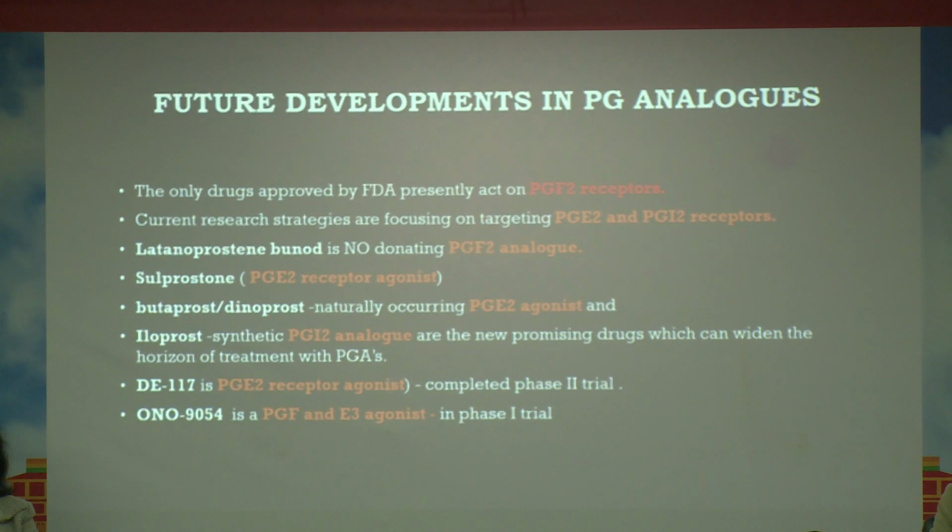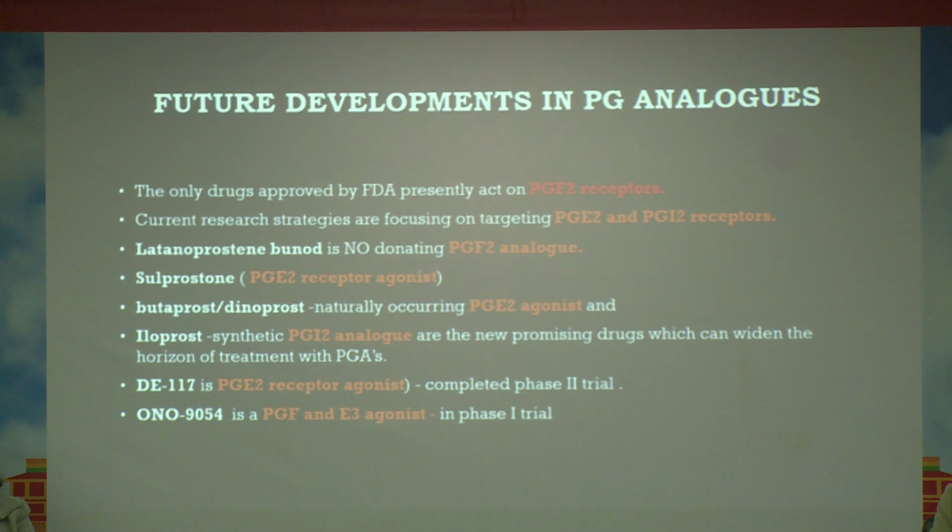But there are exciting future developments in PG analogs. The only drugs approved right now are for PGF2 receptors, and current research strategies are focused on targeting PGE2 and PGI2 receptors.